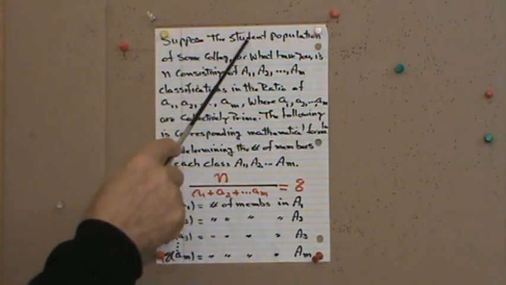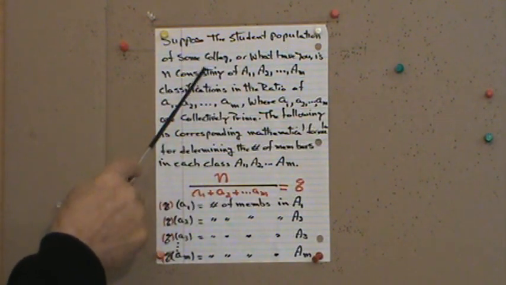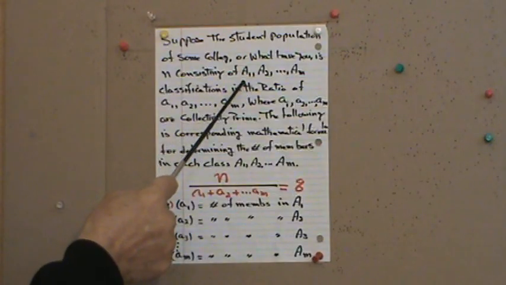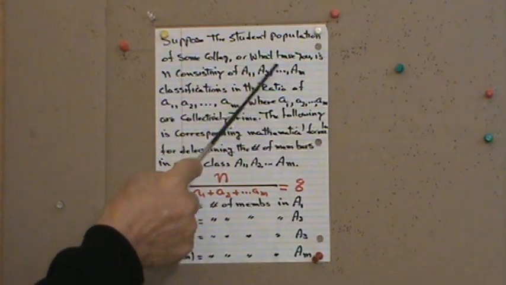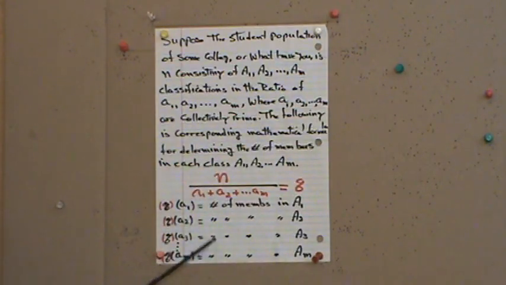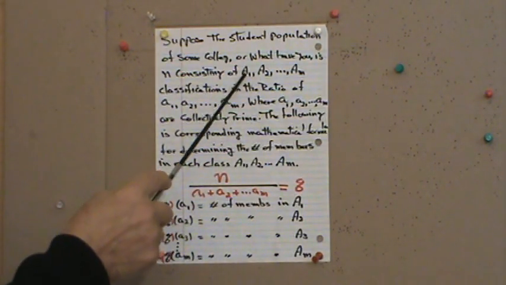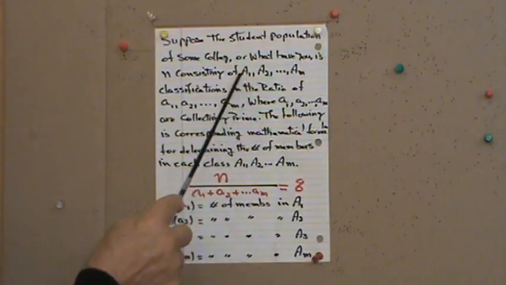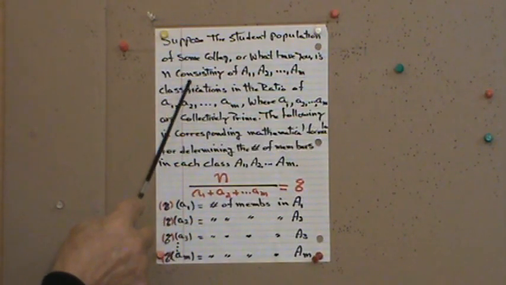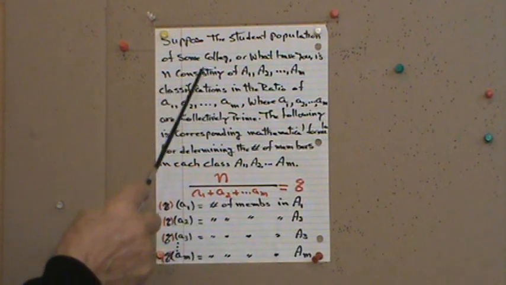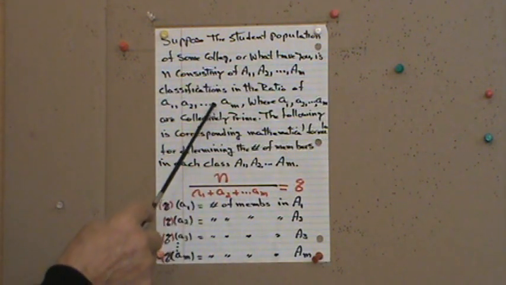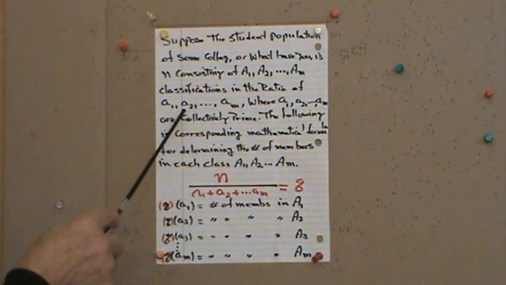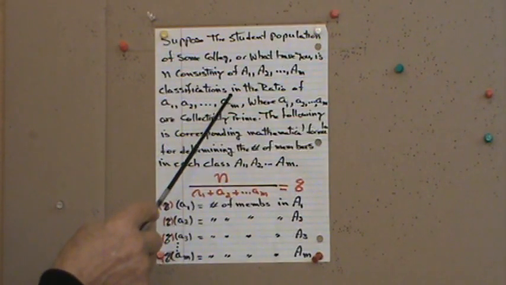Suppose the student population of some college or what have you is N, consisting of capital A1, capital A2, capital A3, and so on and so forth, capital A sub M. I read A sub 1, A sub 2, A sub M. Now, these constitute the constituents of this classification in the ratio of small a, I'm using now, a sub 1, a sub 2, a sub 3, and so on and so forth, a sub m.